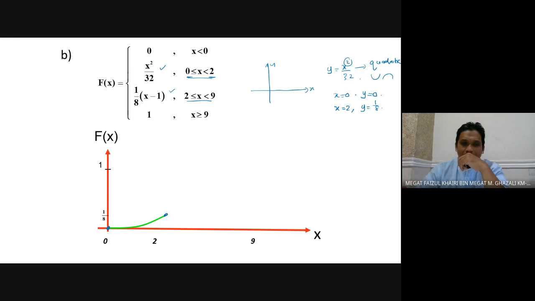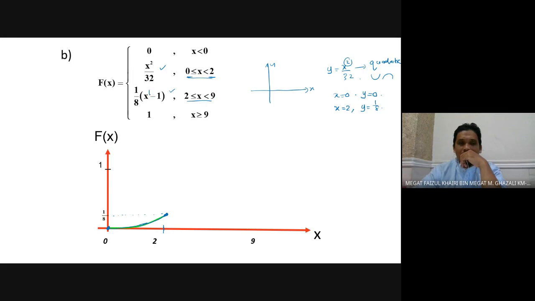So this is the graph of x squared over 32, the domain from x equal to 0 until x equal to 2.